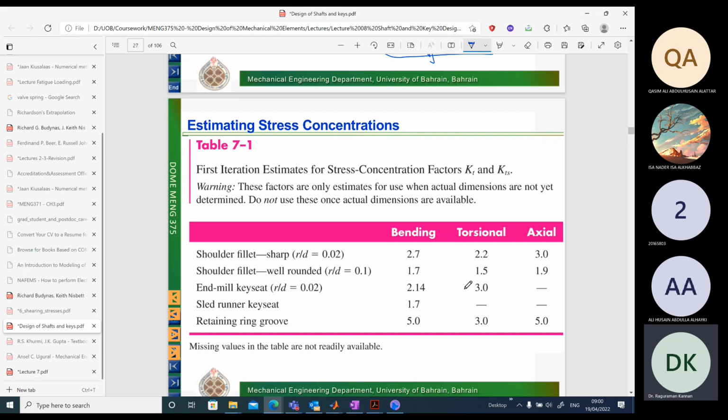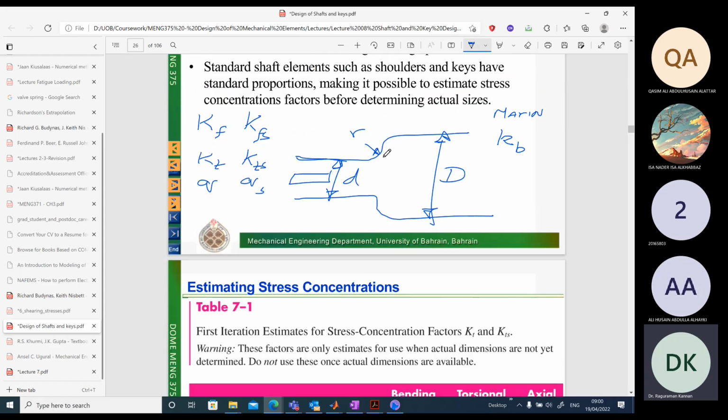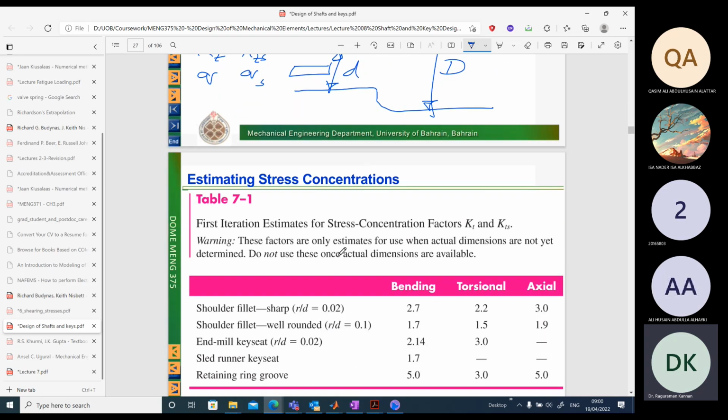So this is the data we will be using for a shoulder fillet, which is sharp. Okay, what is sharp? If your fillet radius here is very small, then it is considered sharp. How small?